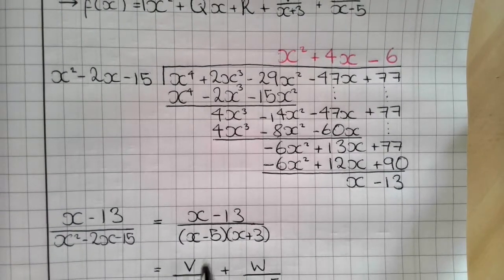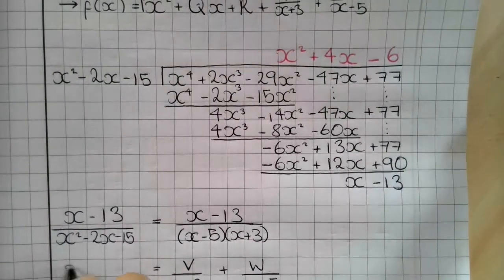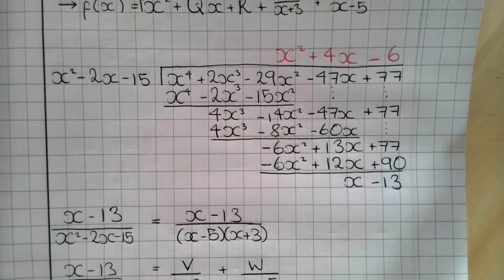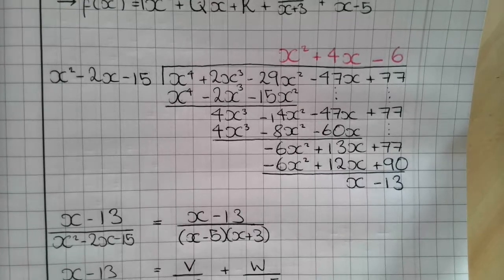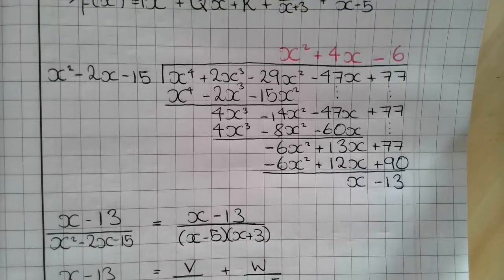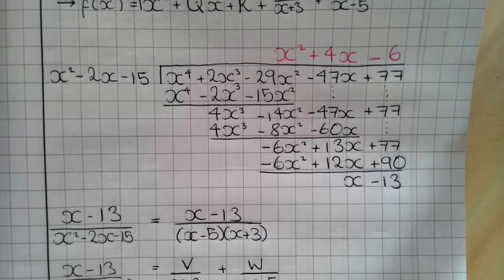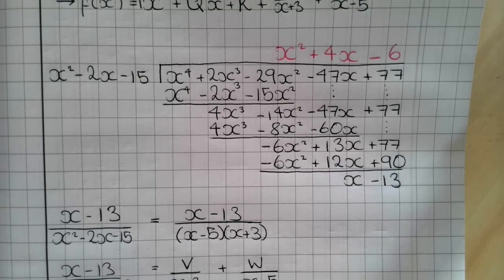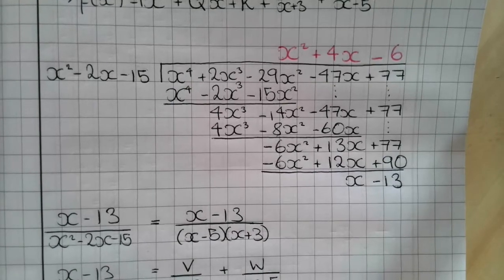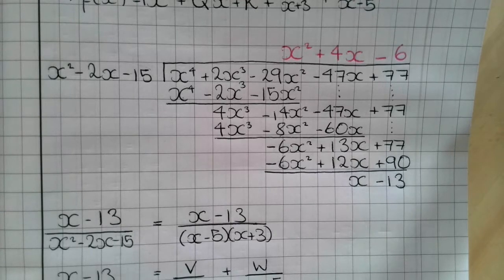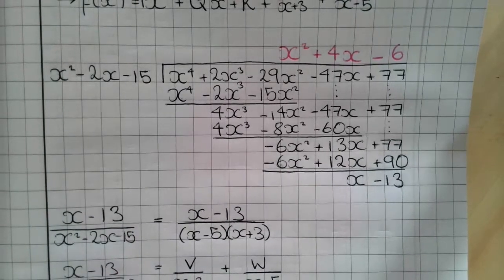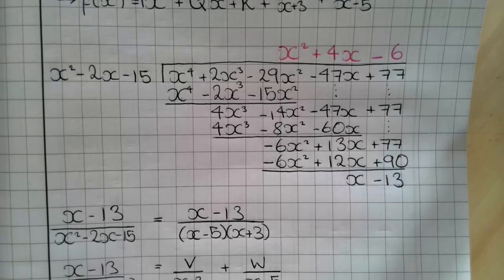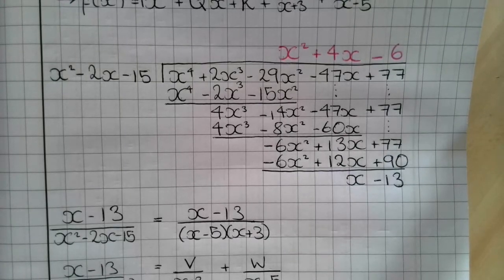And then if we multiply both sides of our equation by x minus 5 times x plus 3, we get x minus 13 is equal to v times x minus 5 plus w times x plus 3. If I expand these brackets, x minus 13 is equal to vx minus 5v plus wx plus 3w.